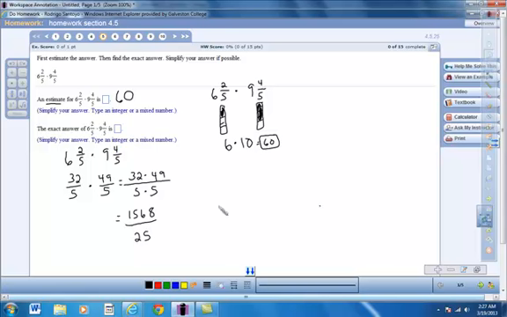They tell us they want a mixed number, so we remember all we have to do is just long division. And if you recall, what I told you to do is on your calculator, just divide. And when you divide these here, you're going to get a number with a decimal, 62.72.